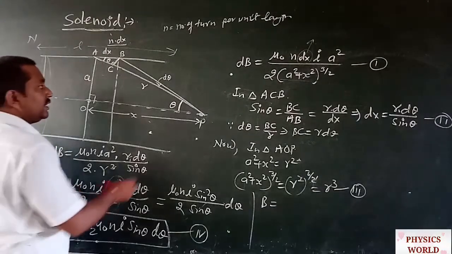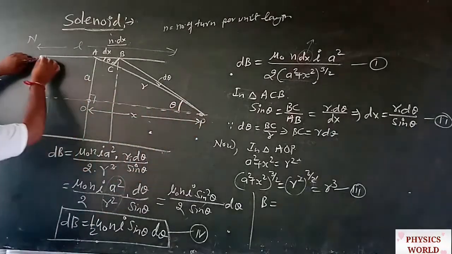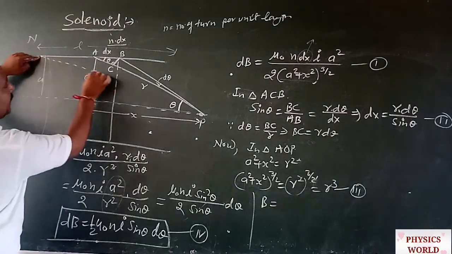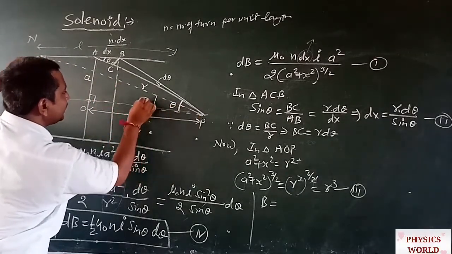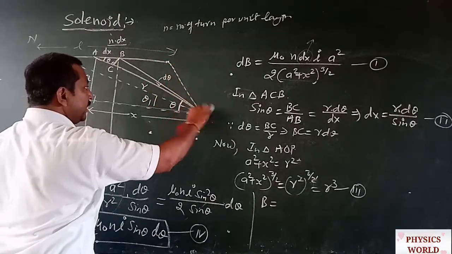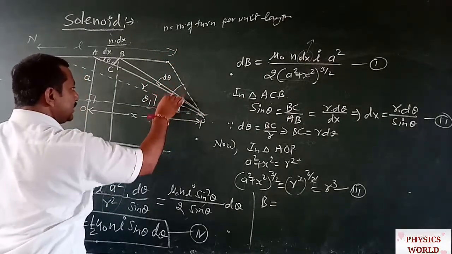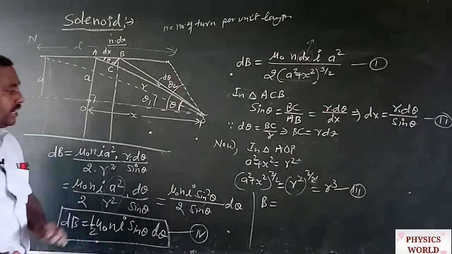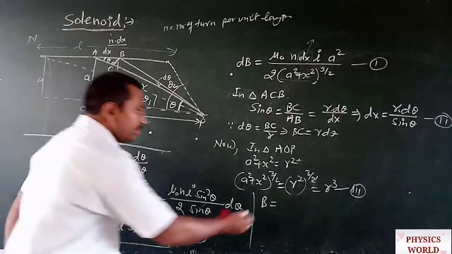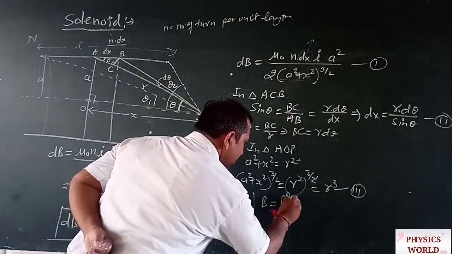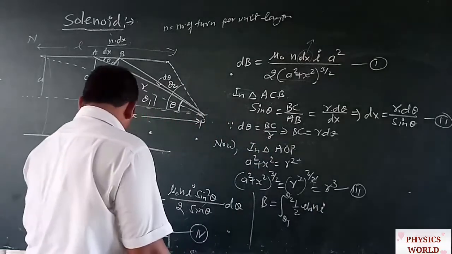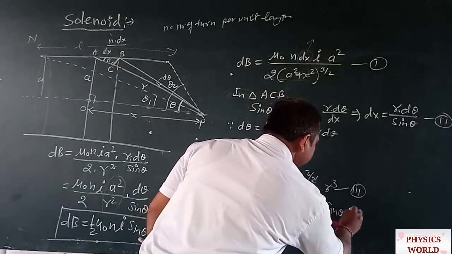If we join the first turn to the point P and this makes an angle theta 1, and the last turn of the solenoid to P makes the angle theta 2, then we have to integrate this equation with respect to theta from theta 1 to theta 2, that is, 1 by 2 mu 0 n I sine of theta d theta.